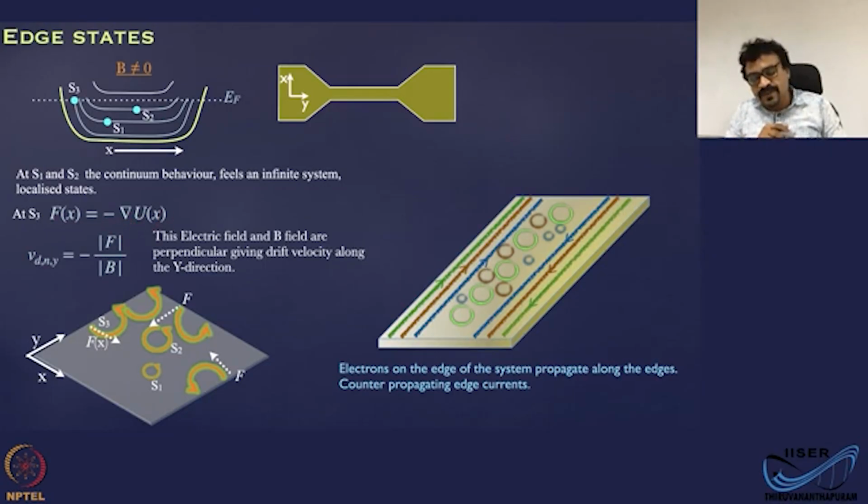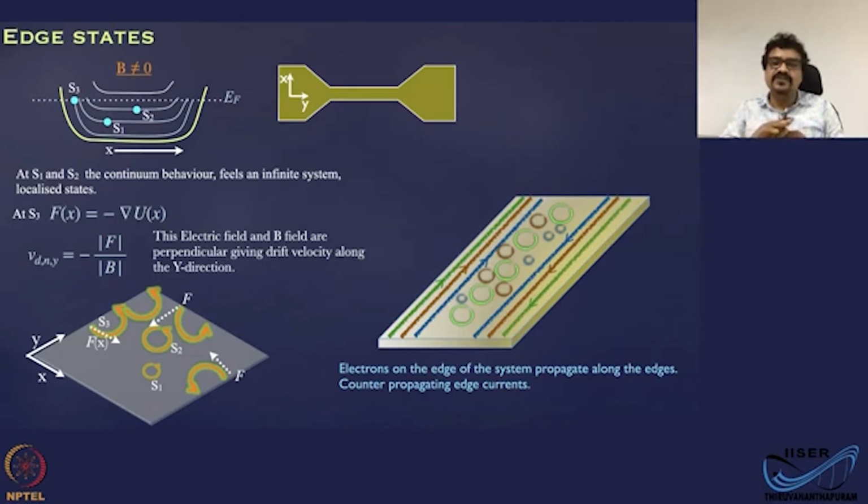And now you have the edge states, or these states are edges, because of the magnetic field that is normal to the plane, and the force is perpendicular to the field direction because of the edge. So what you're going to have is a crossed field again, just like the Hall effect.